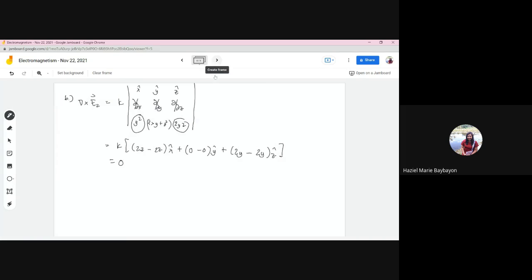Hence, we must choose an integration path. Suppose, for example, let us take the path as this: y, x, z.